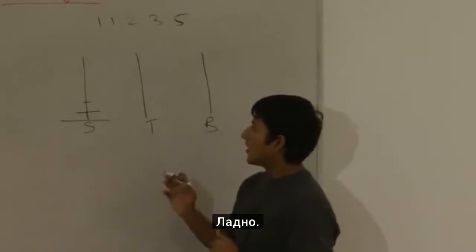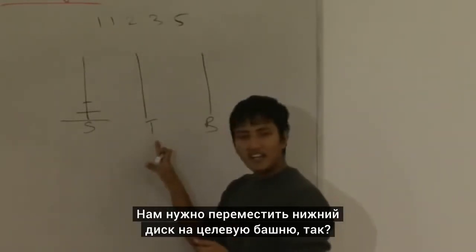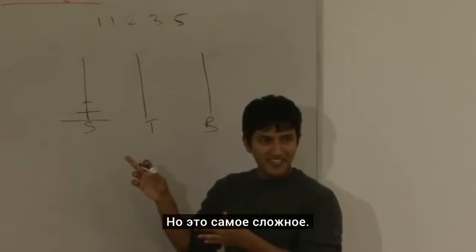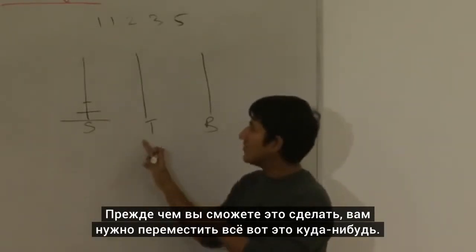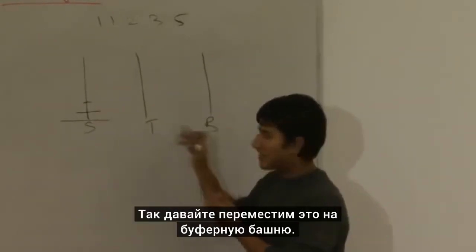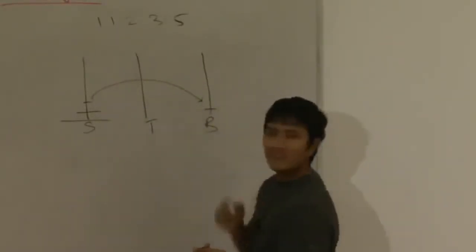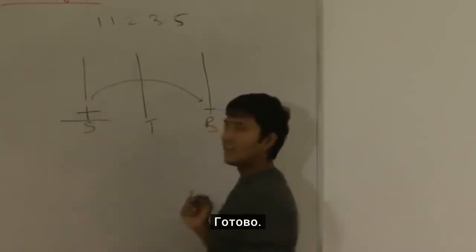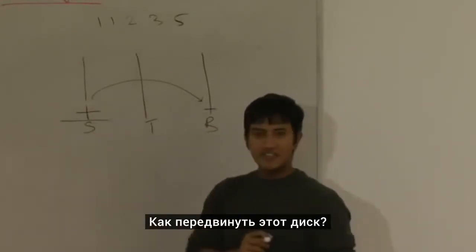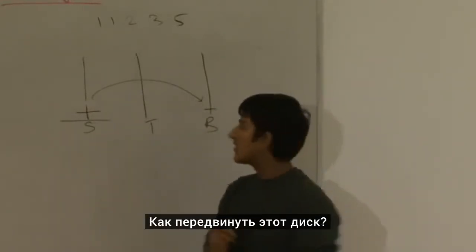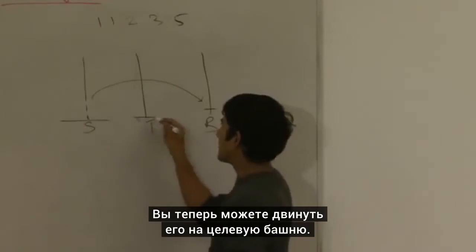Okay. We have to anyway move the last disk to target, right? But that's the hardest part. So before doing that, you have to move this somewhere else. So let's move it to buffer. Done. How would you move this? Now you can move it to target. Okay.